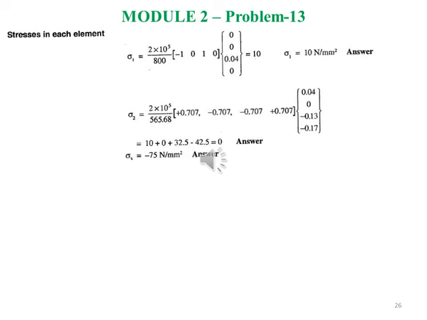Sigma 1 is E by L1 into minus L, minus M, L, M, Q1, Q2, Q3, Q4. Similarly sigma 2 is also E by L2 into minus L, minus M, L, M. So substituting and calculating the values, sigma 1 comes to be 10 Newton per millimeter square, sigma 2 comes to be 0, and sigma 3 comes to be minus 75 Newton per millimeter square.